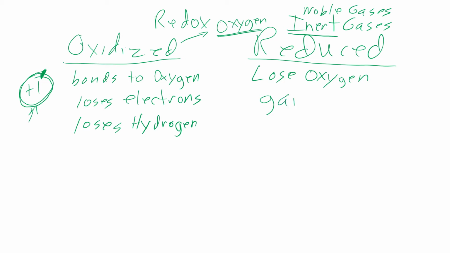If it gains an electron, or if it gains a hydrogen, that's gaining an electron also. So those are the three situations that make the substance either oxidized or reduced.